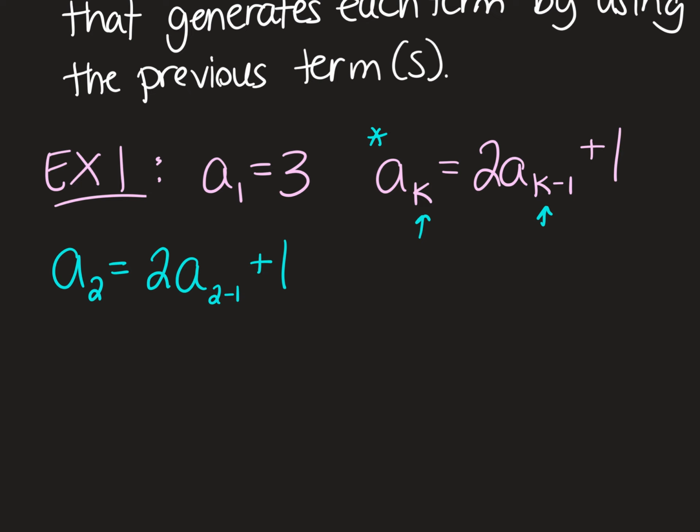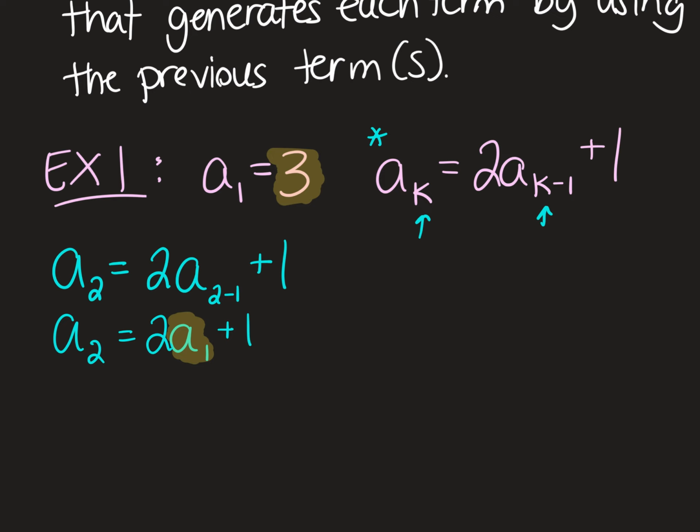Let's simplify a little bit and then we'll evaluate. What that means is I'm really using 2 times a sub 1. Now the good news is I know what a sub 1 is. A sub 1 is 3. So I can just replace this a sub 1 with 3.